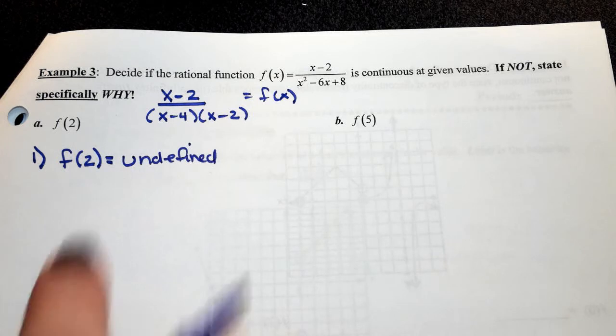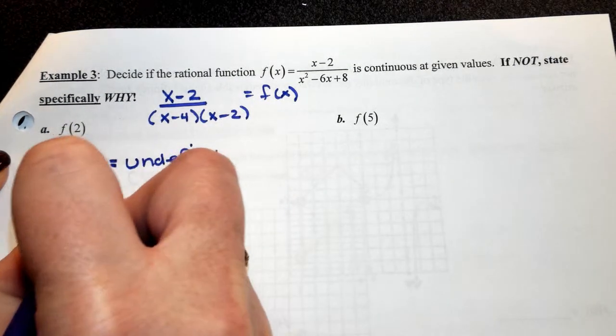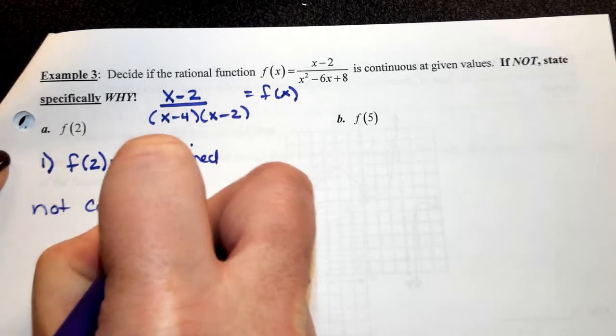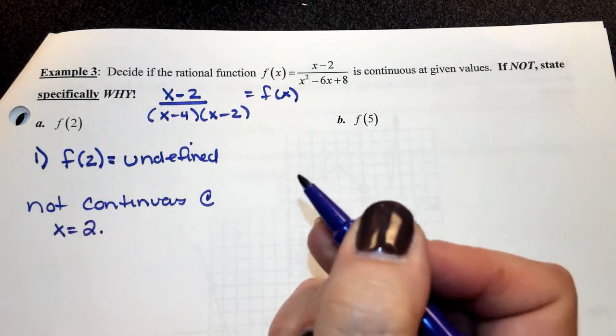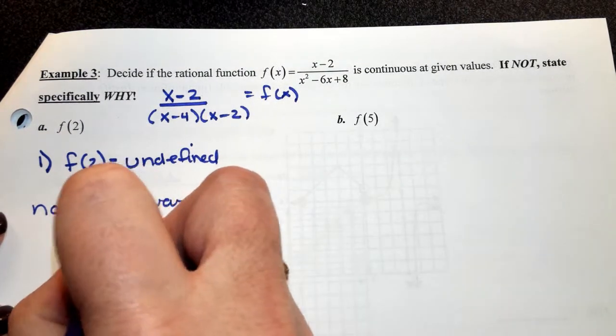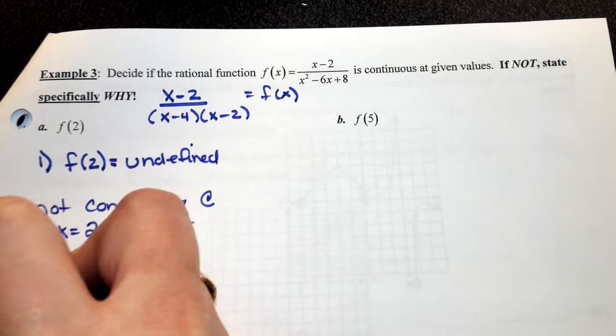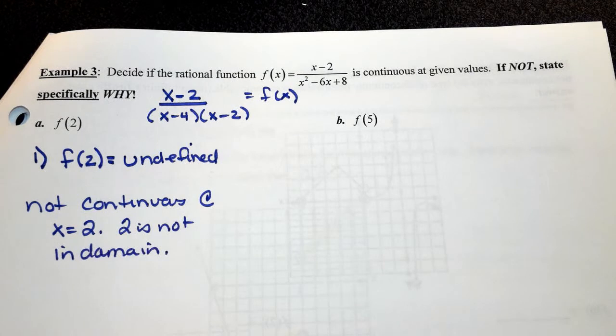All right? Since f of 2 is undefined, we know it's not continuous at x equals 2. Again, 2 is not in the domain. In order to be continuous, the number has to be in the domain. So there's no point. You don't have to check and find the limit. We already know it's not in the domain.